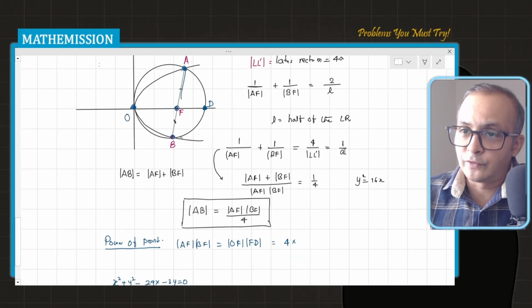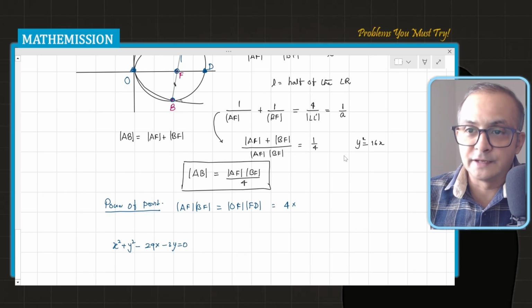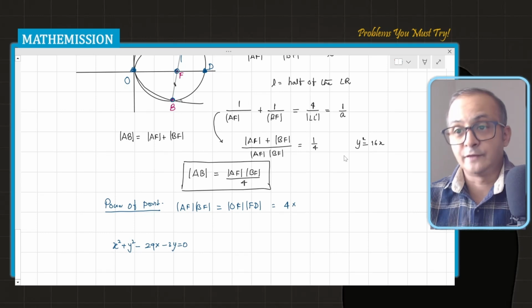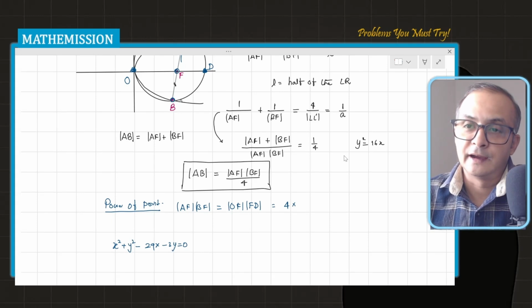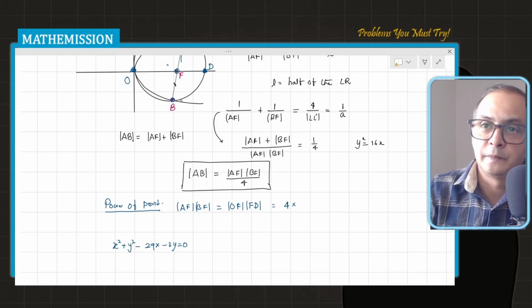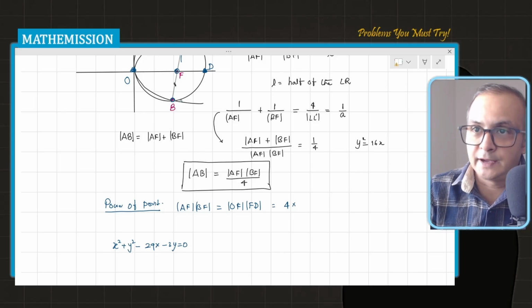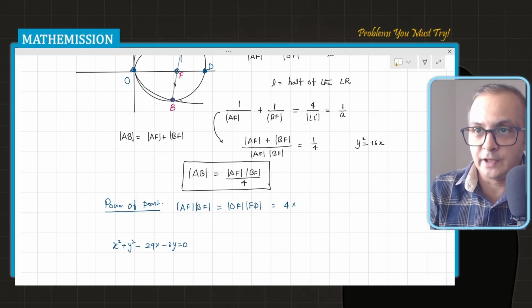And in order to find the coordinates of point D, to find the length FD, I can simply take the x coordinate of D, because it's on the x-axis.